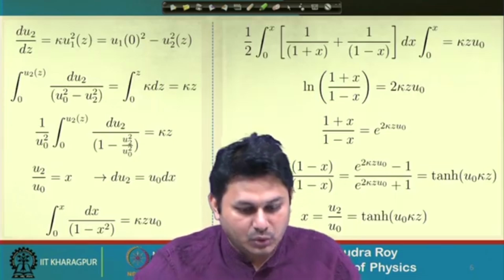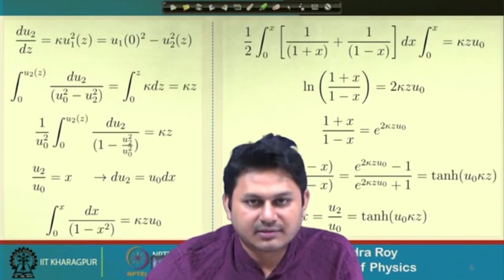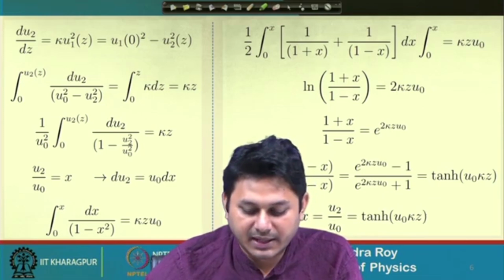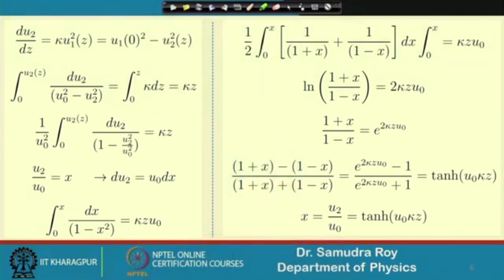Well, if I go to the next slide, this is an important slide, and we are going to find out the values of u1 and u2. So the functions u1 and u2 we are going to find as functions of z. Now I begin with du2/dz, because my aim here is to find u2.